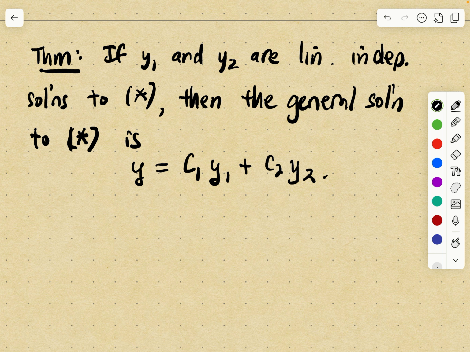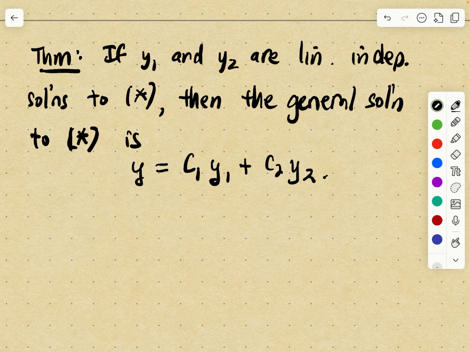This is different than when you had the first order linear equation, because there you had one c, an arbitrary constant, but there was just one arbitrary constant. In this case, we have two arbitrary constants, c1 and c2.